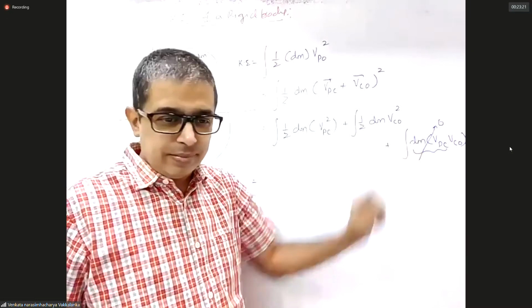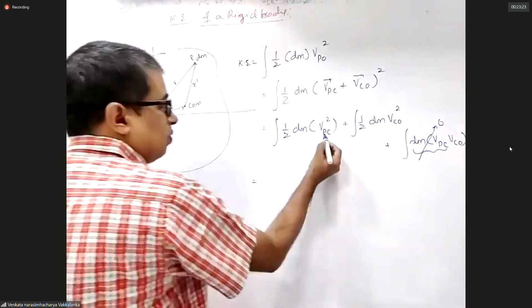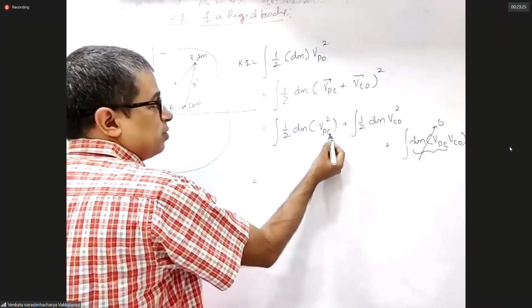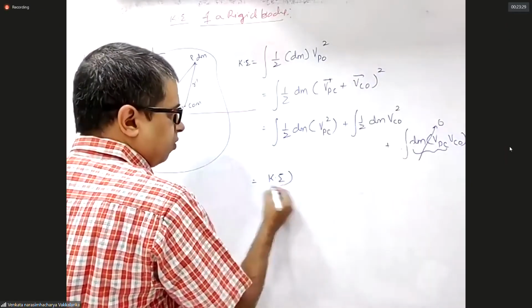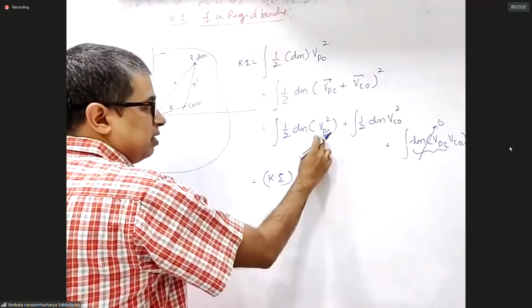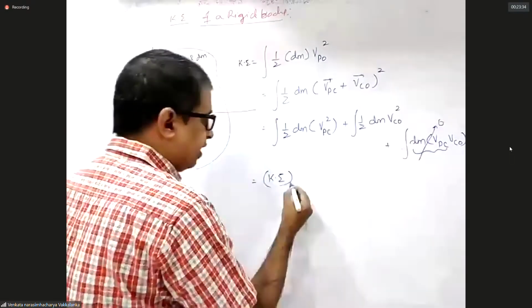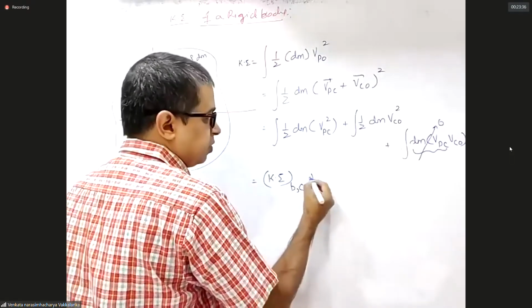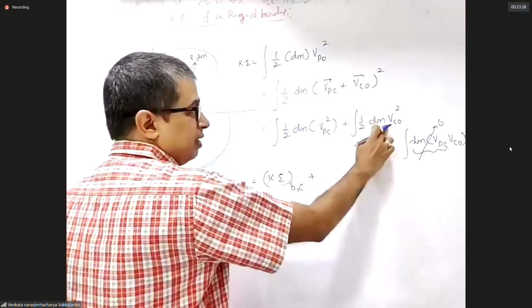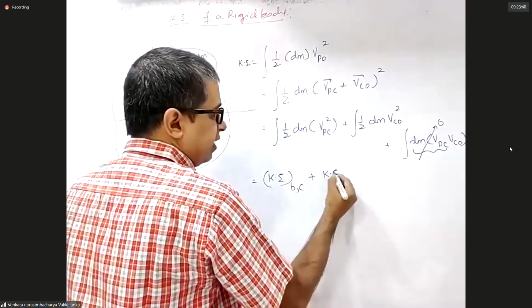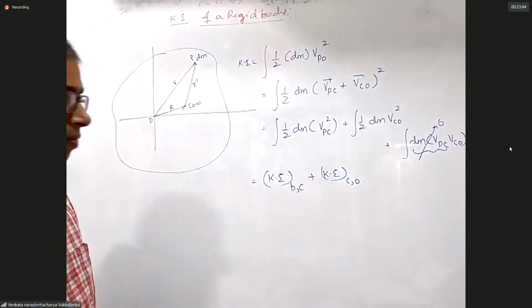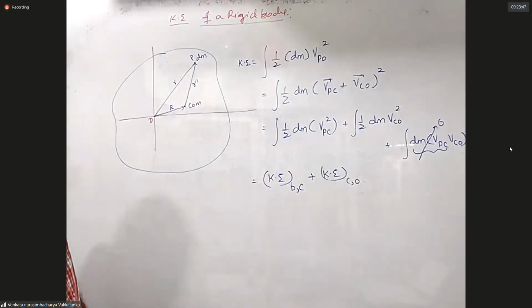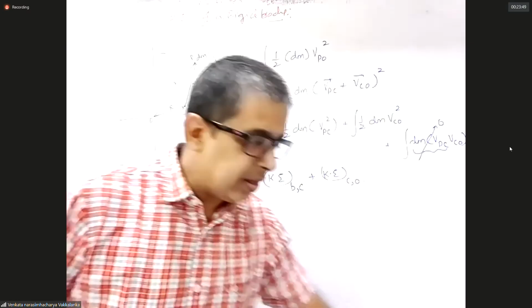Yes, sir. Now, what is this? The velocity of point P with respect to center of mass. Can I call this the kinetic energy of all the particles with respect to center of mass? The kinetic energy of the body with respect to center of mass. This is the kinetic energy of center of mass with respect to ground. Yes. Right.